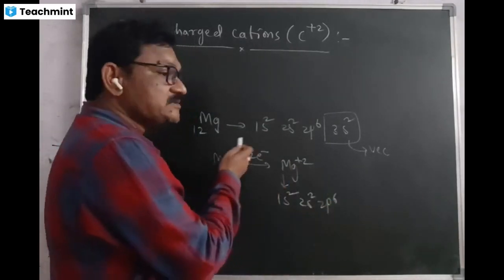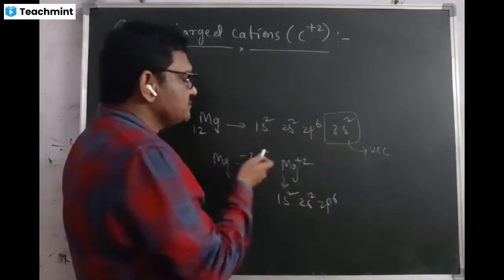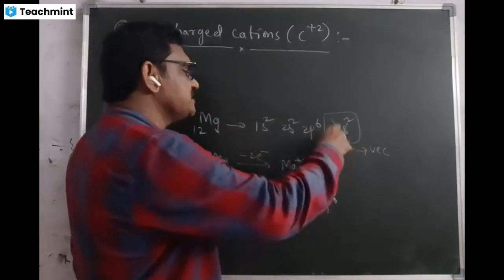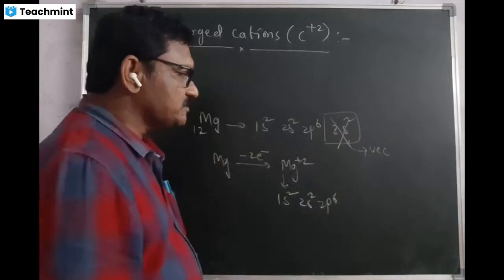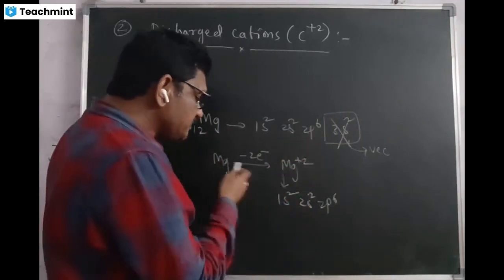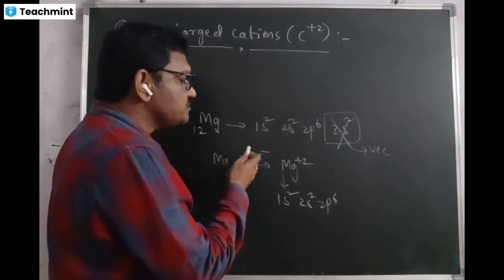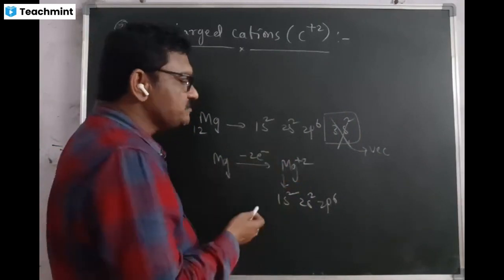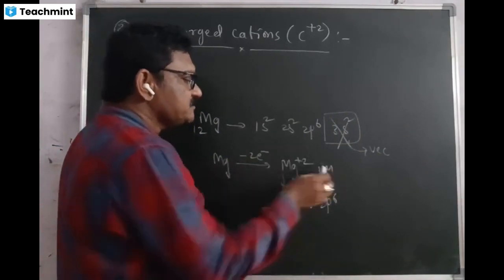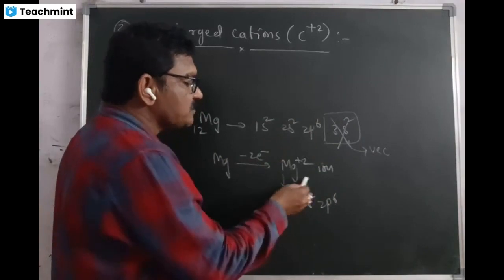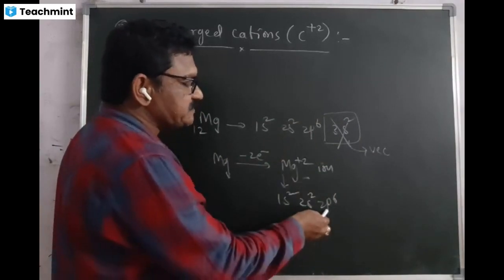Because it has to lose 2 electrons, no? That's why these 2 electrons are going out. So when it loses 2 electrons, it becomes the Mg+2 ion. Remember, Mg+2 configuration is 1s2, 2s2, 2p6.